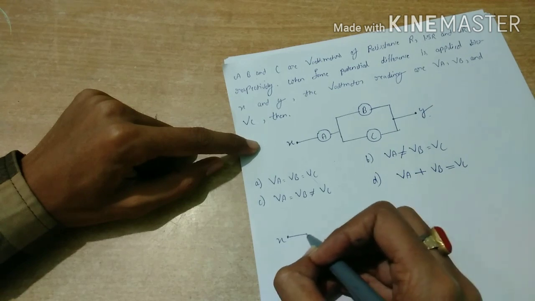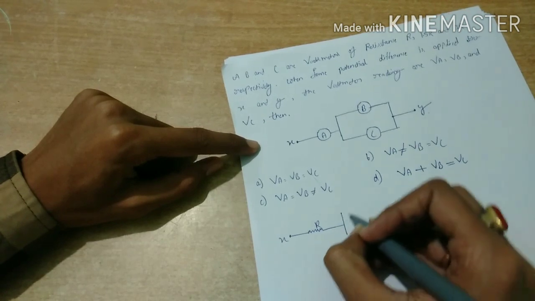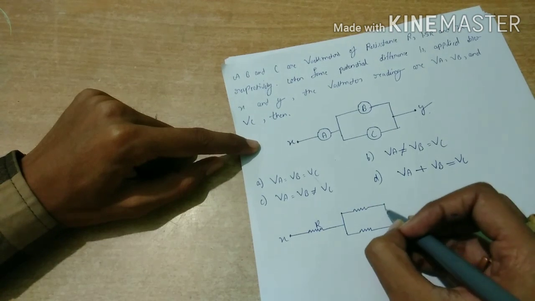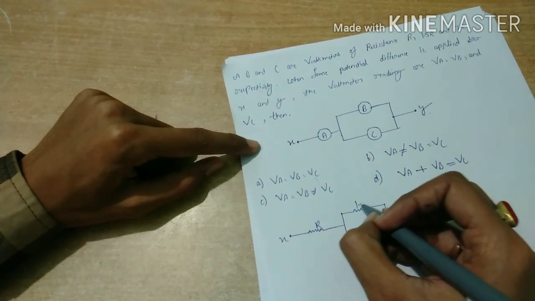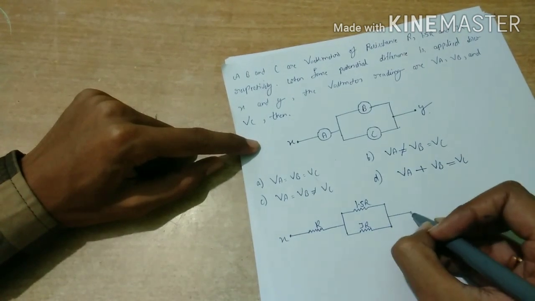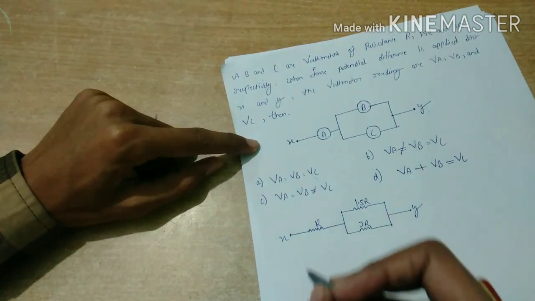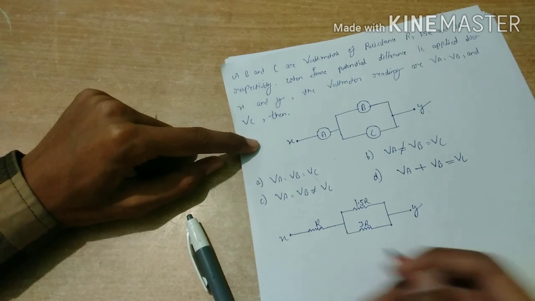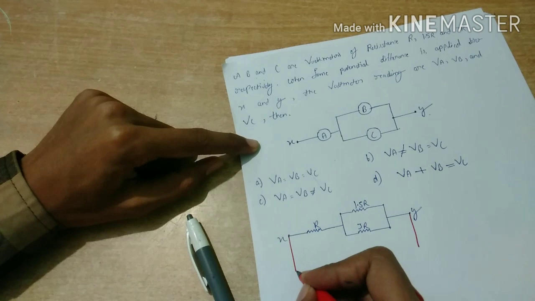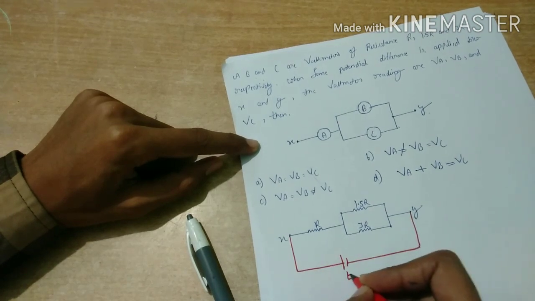Meter A has resistance R, B has 1.5R, C has 3R. Suppose E is applied between X and Y.